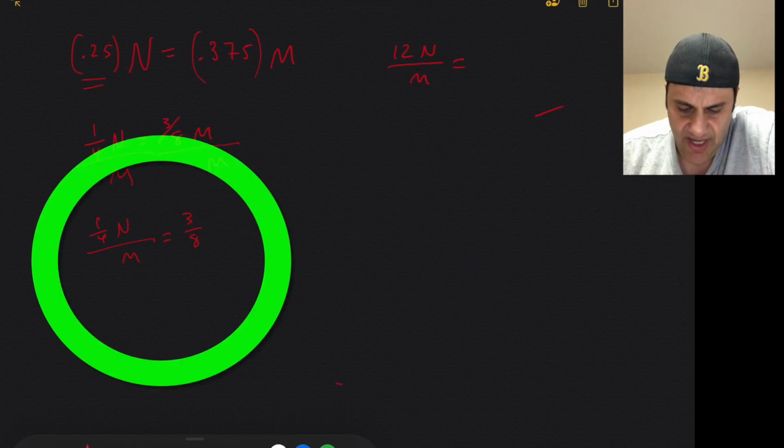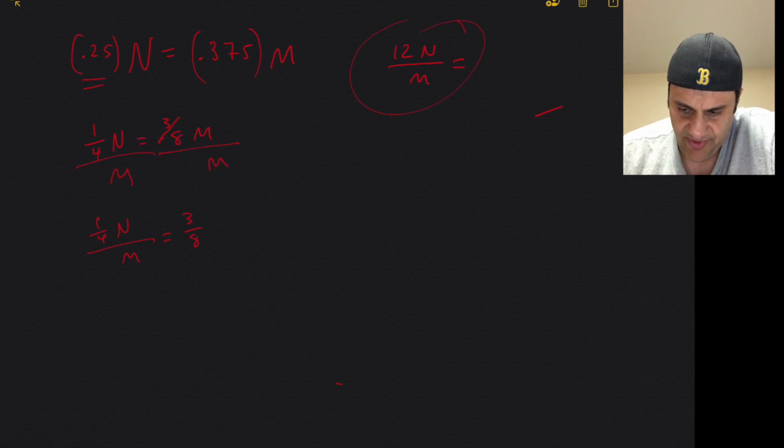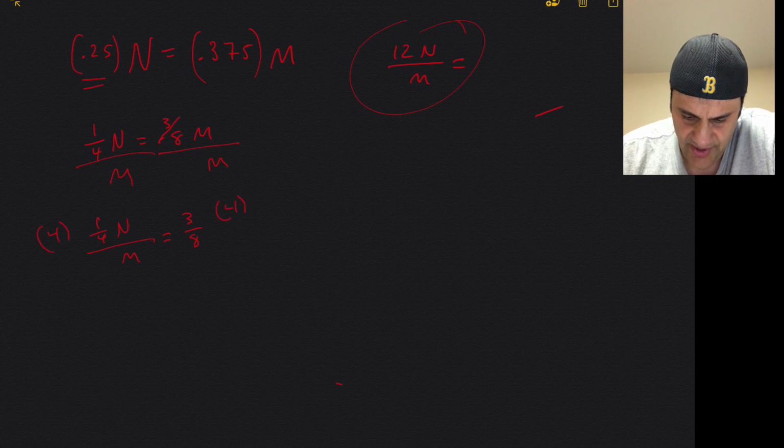All right, so now we have 1/4 n over m equals 3/8, but we want to know what is 12n over m. So we have to get that 1/4 to go all the way to 12. And let me just get rid of that fraction. Multiply each side by 4, just so we can get rid of that pesky fraction up there. So then we'd have n over m equals 12 over 8.